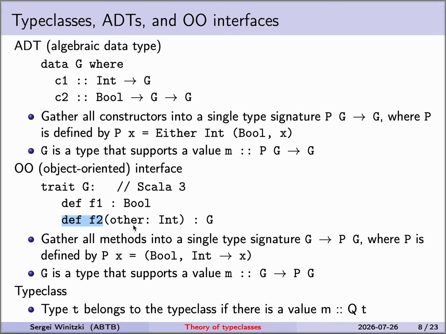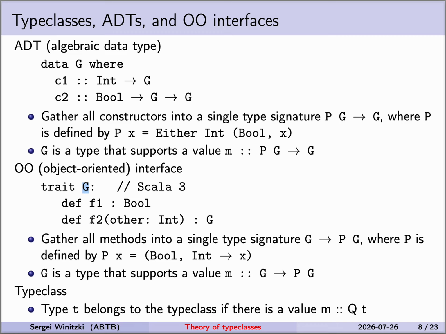And the second method takes an integer and returns a value of type G. That's what we write in Scala, but actually, object-oriented interfaces always have this implicit first argument, which is of the type that we are declaring.